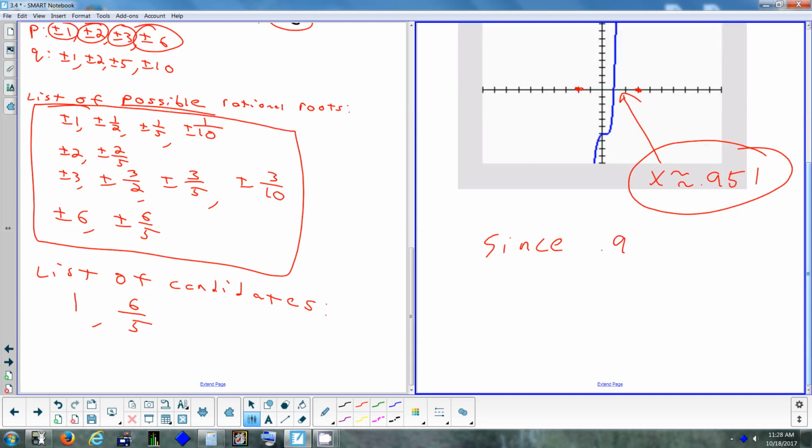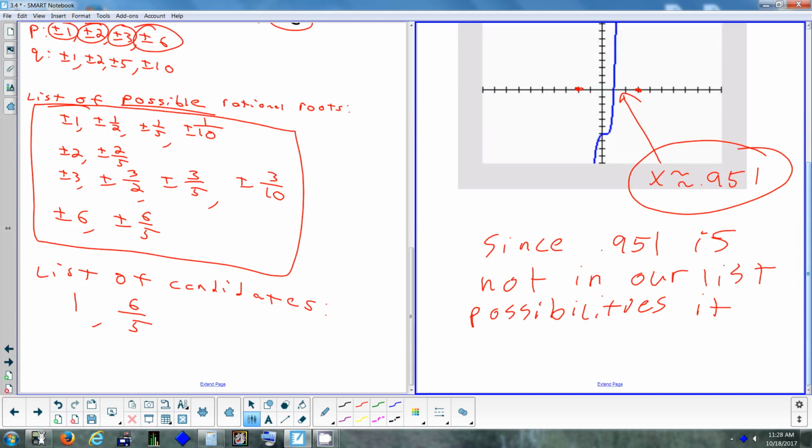So since 0.951 is not, and I'm just going to reference our list of possible rational roots, so it's not in our list of possibilities, it must be irrational.